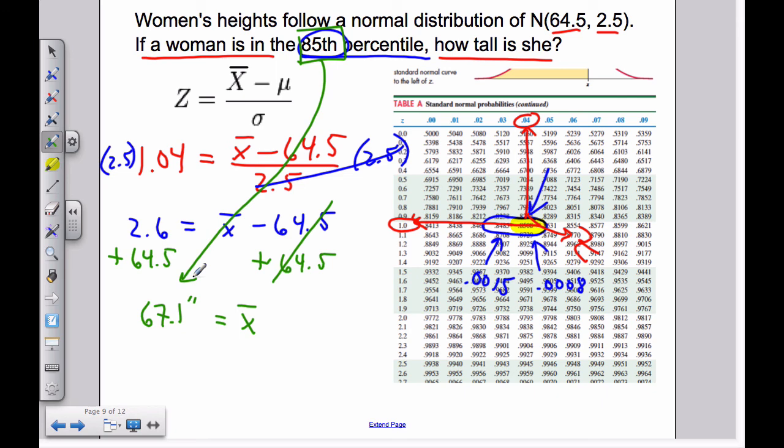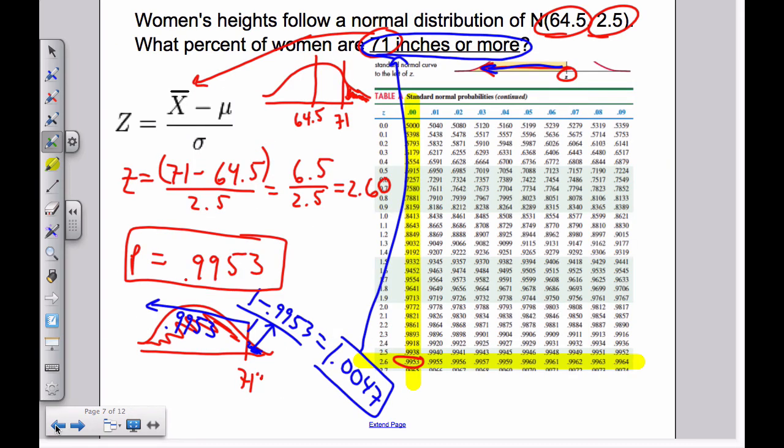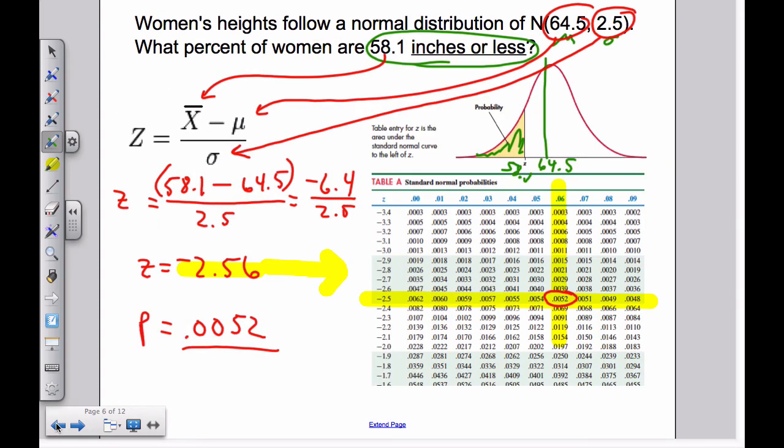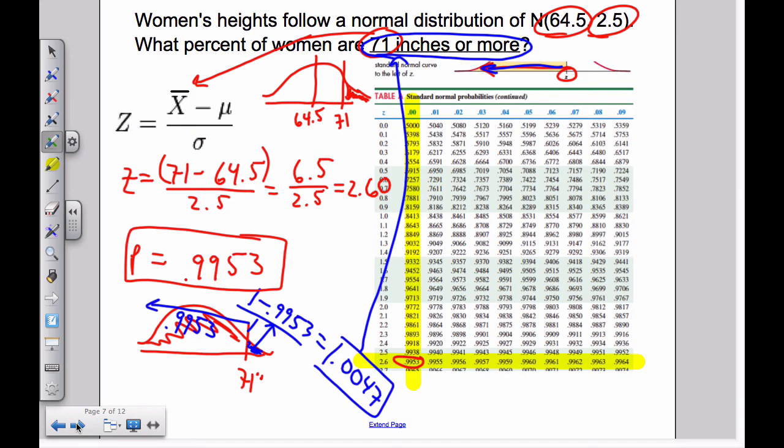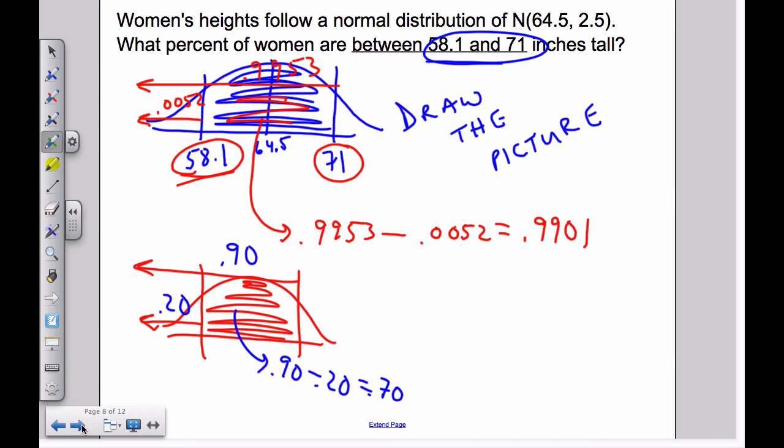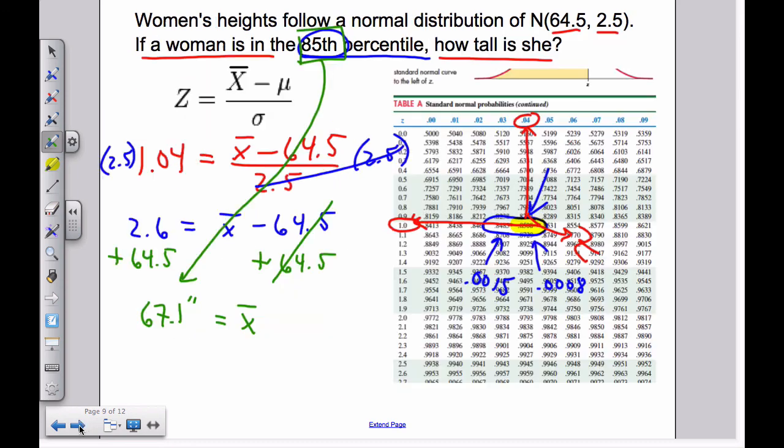That is another way to work with this z. So this z, if we work backwards, the one problem I did was 58.1 inches or less. The second one I did was 71 inches or more. So you have to subtract from 1. If it's in between, you have to solve for two of them and then subtract what's in between. If they ask you about a percentile, the upper 15th percentile or the 85th percentile, either one of those is the same thing.